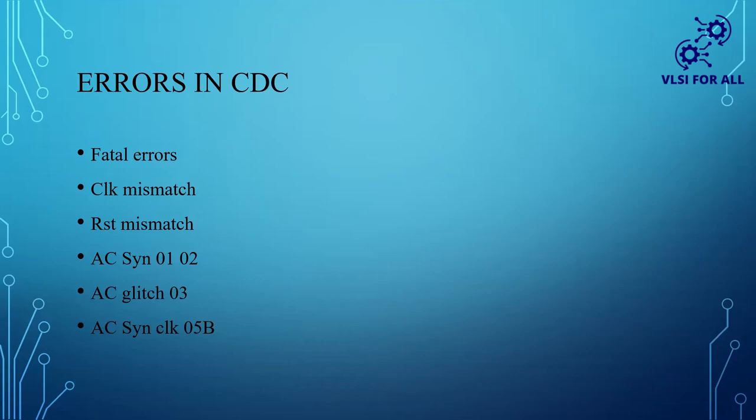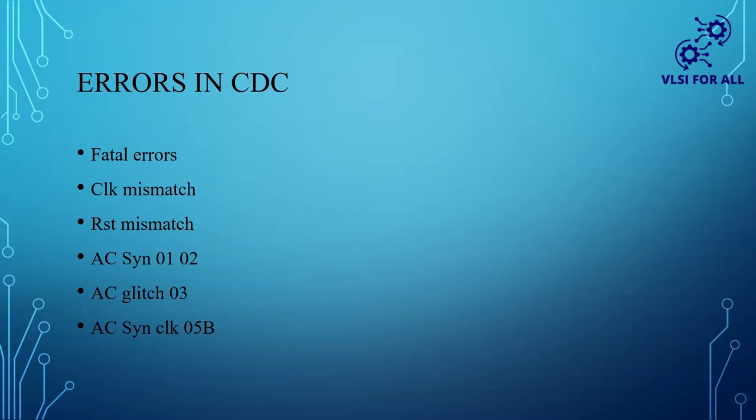AC Sync 0102, metastability. If you have a metastability issue, which I explained in the starting class, the tool will throw an error called AC Sync 01 and 02. Then AC glitch.